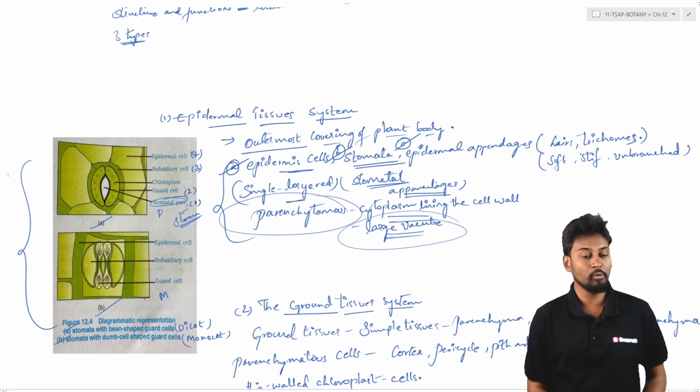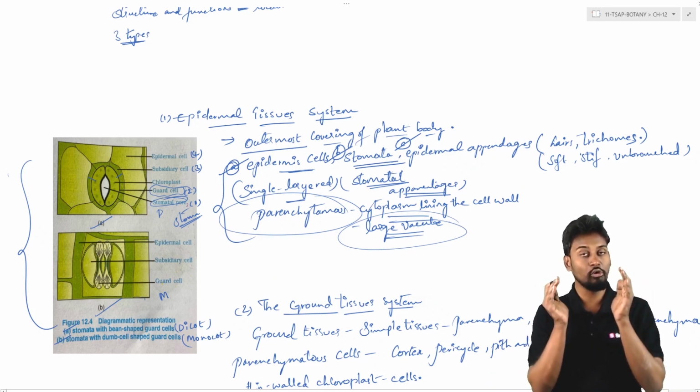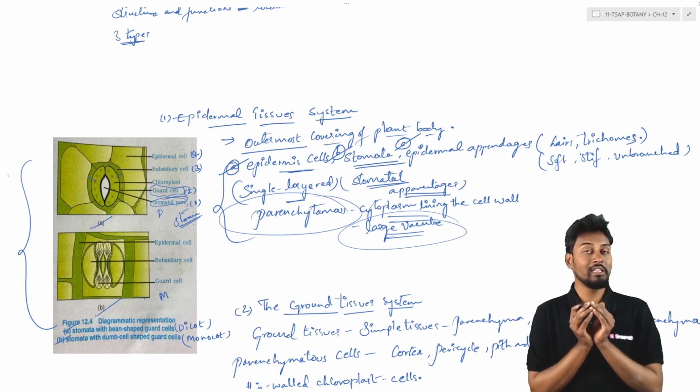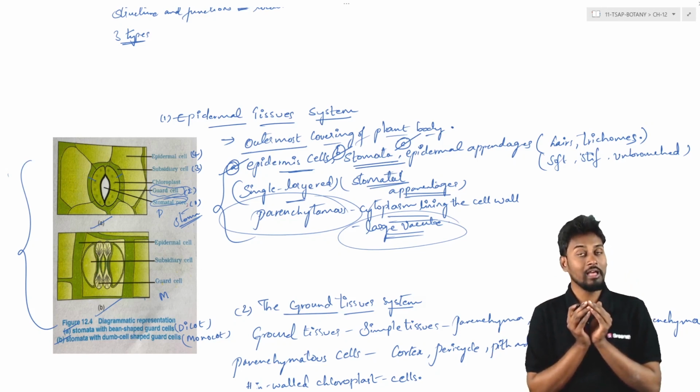This stomatal pore or stoma is guarded by two cells called guard cells. This is one guard cell and this is the other guard cell. The two guard cells are present on either side of the stoma, guarding the opening and closing of the stoma for the exchange of gases.